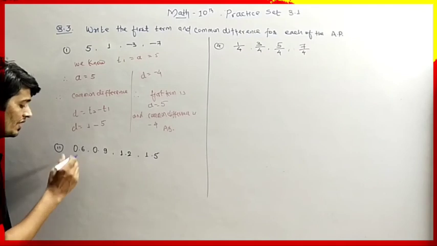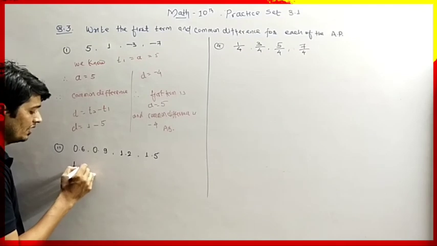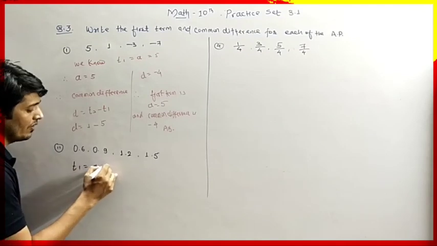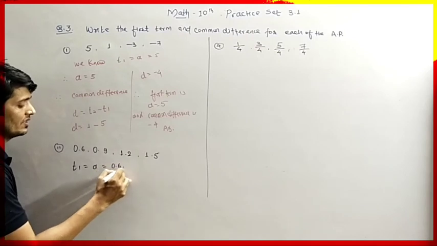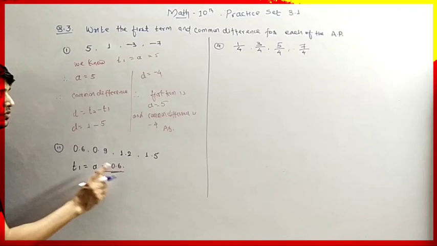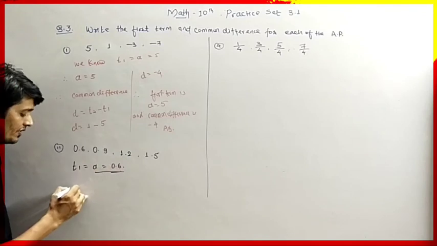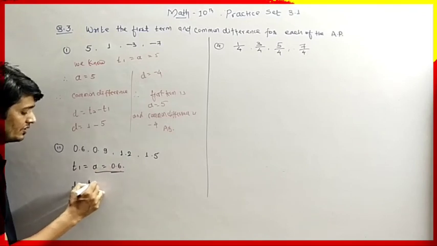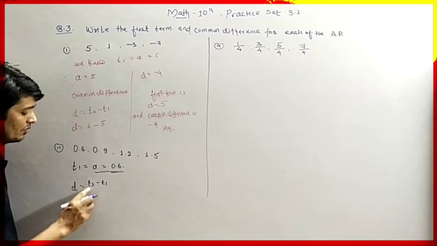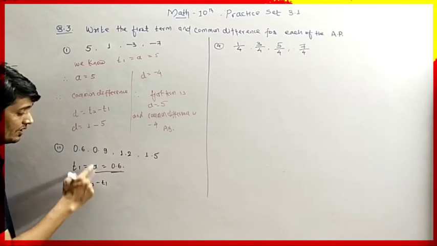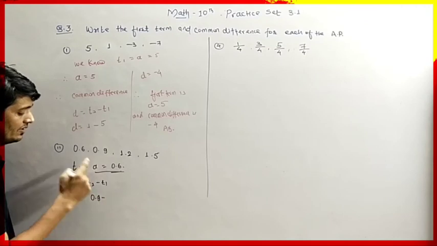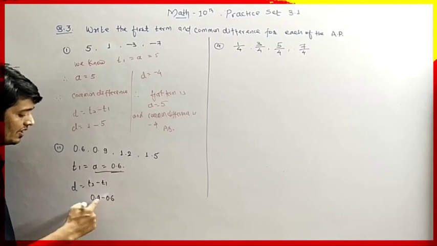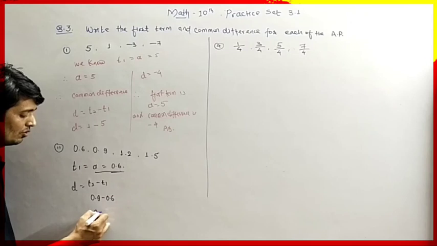Now next, here T1 equals A as we know, and which is 0.6. So our first answer is A equals 0.6. Now common difference, D equals T2 minus T1. What is T2? It is 0.9. So 0.9 minus T1 is 0.6. If we solve this, we will get 0.3.